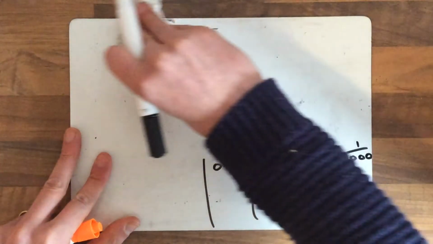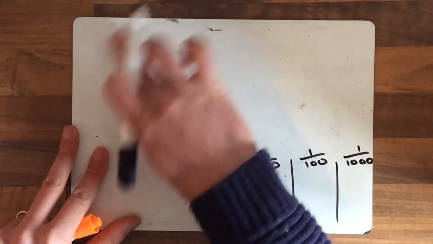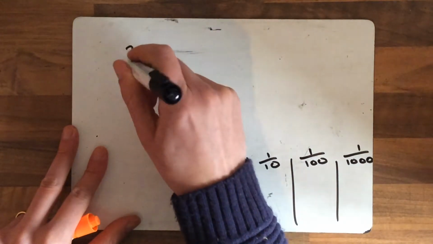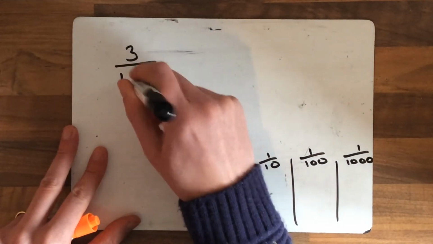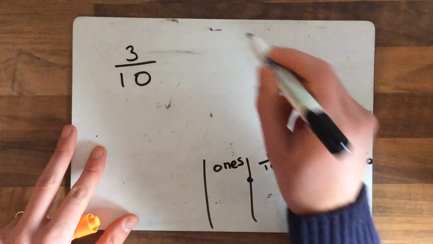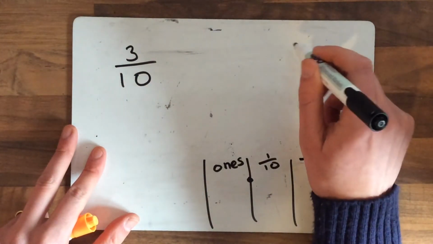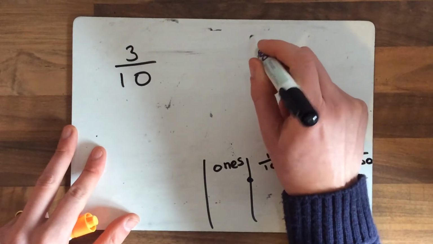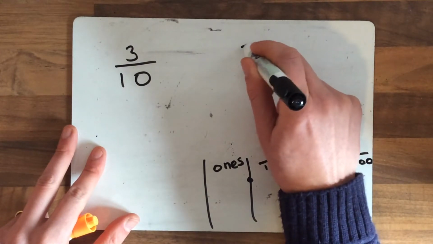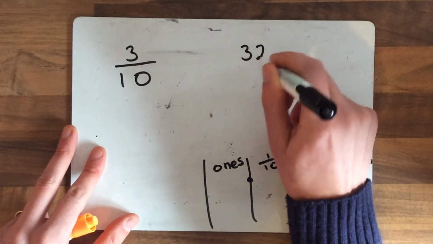So if I had three tenths, and if I had, let's do a percentage first of all, 32%.